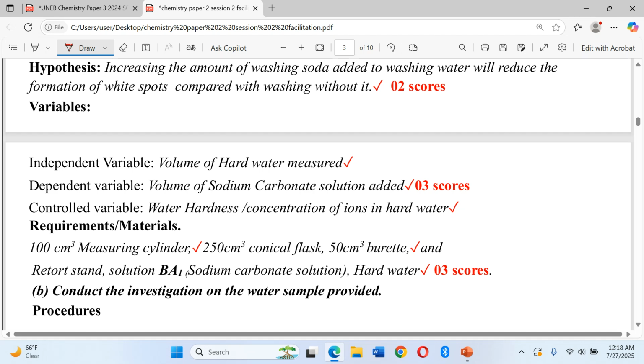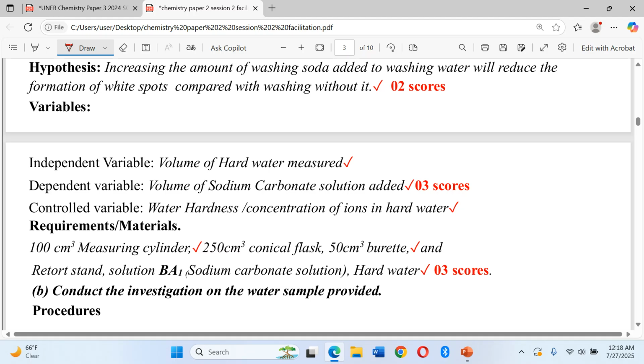The dependent variable is the volume of sodium carbonate solution added, because depending on the amount of hard water measured, it will also help us to know the amount of sodium carbonate needed to remove the hardness, the ions present in the water that cause the water hardness.